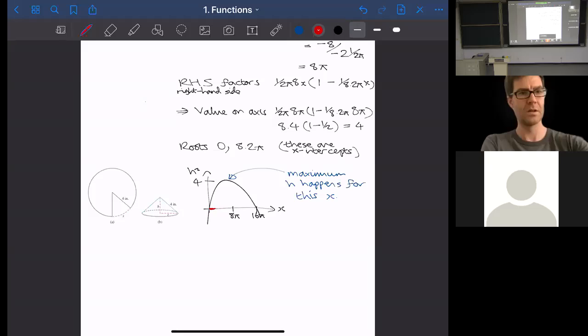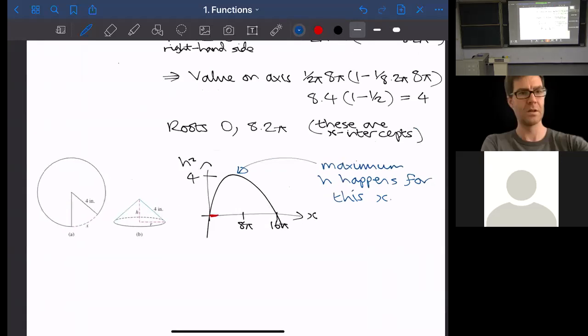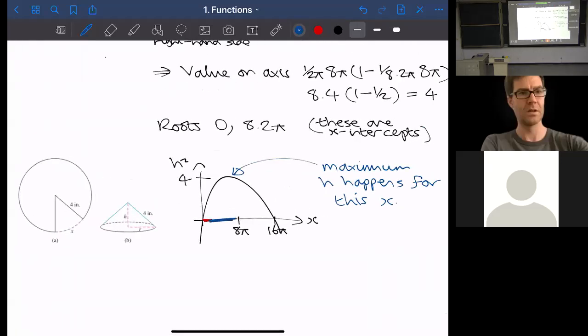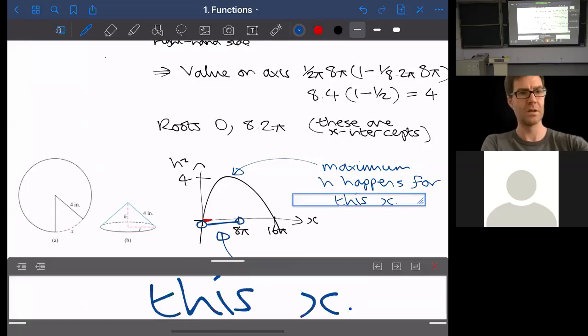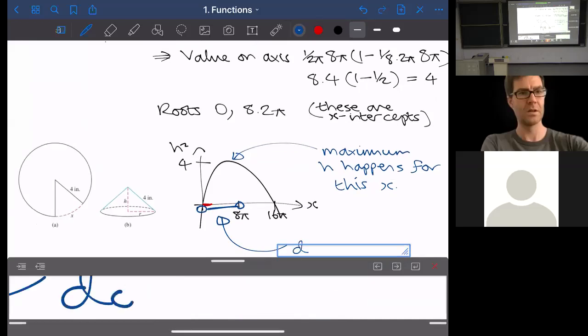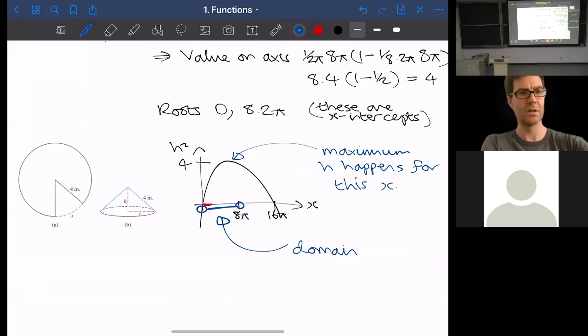But as we cut larger x, the cone gets higher, and then yeah, so this 0 to 8 pi here is the domain of our function.